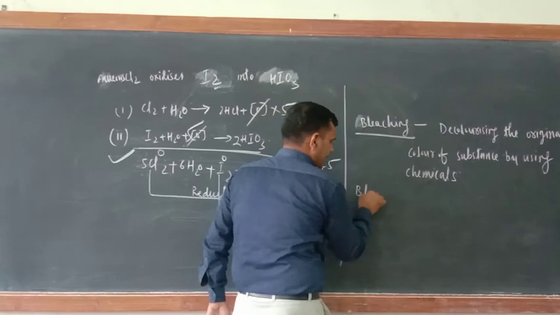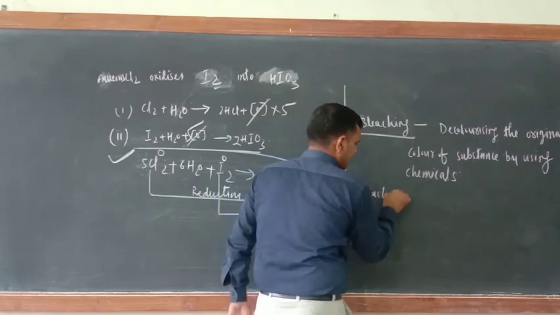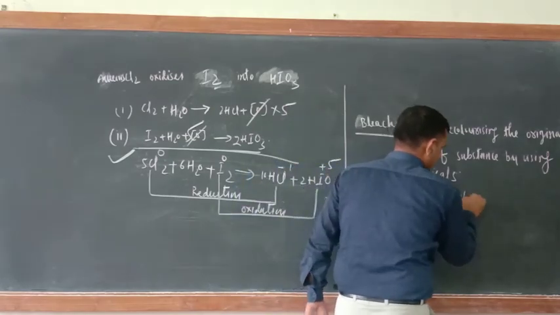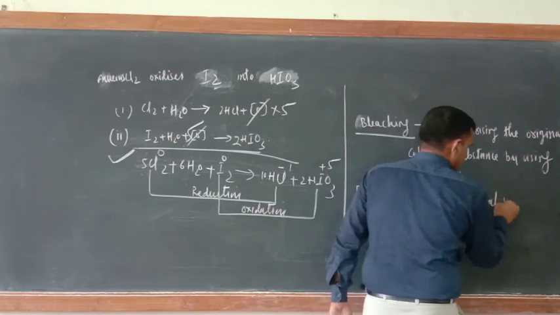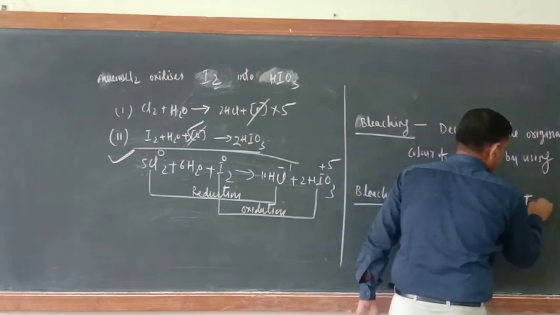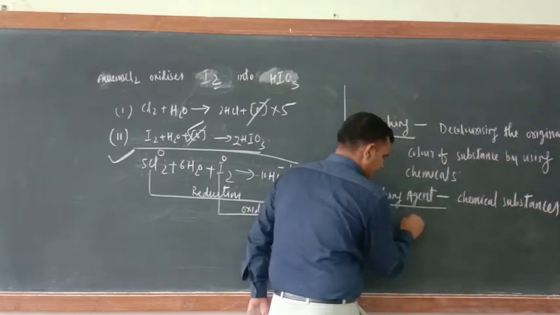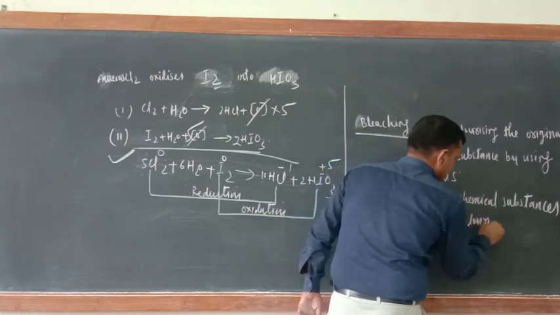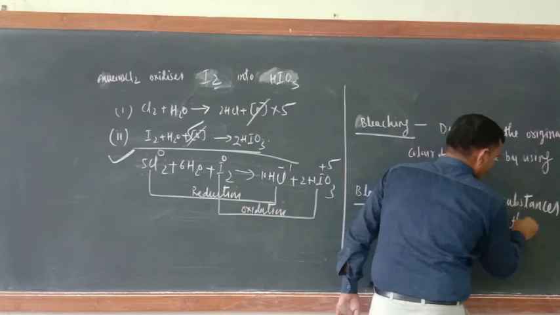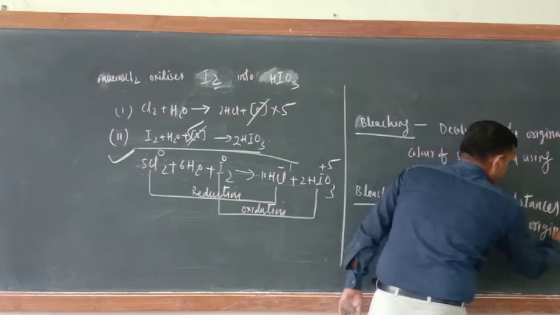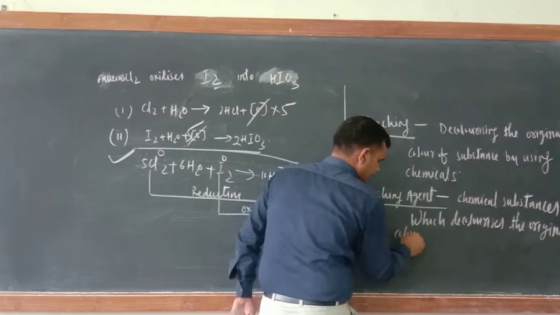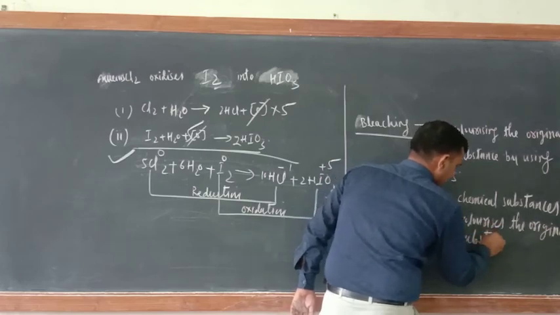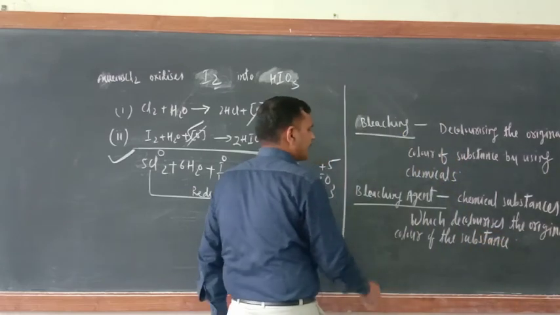So what is a bleaching agent? Chemical substances which decolorize the original color of the substance, that is known as a bleaching agent.